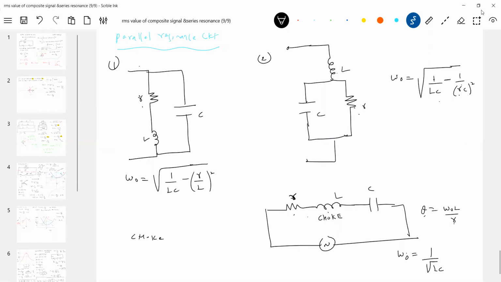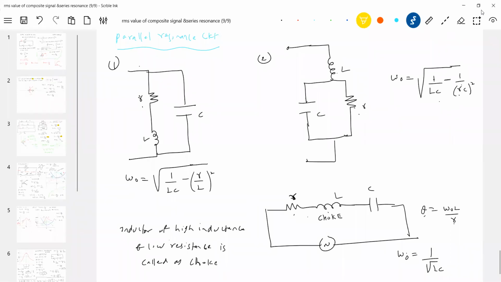An inductor of high inductance and low internal resistance is called a choke.